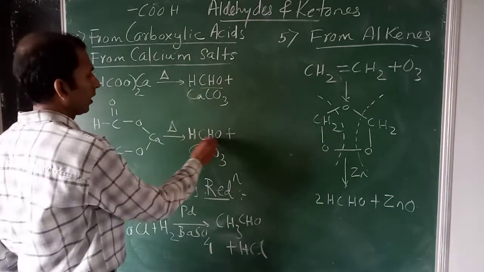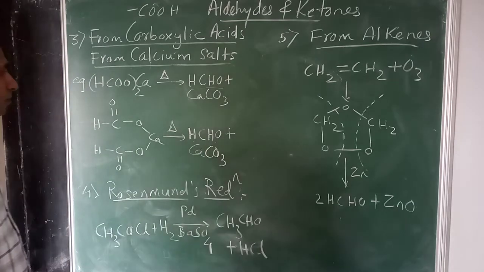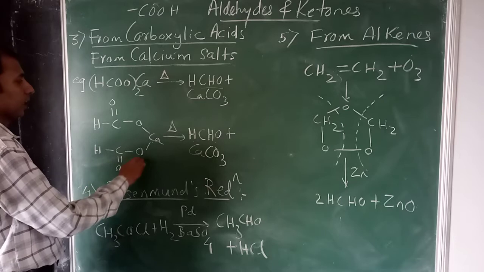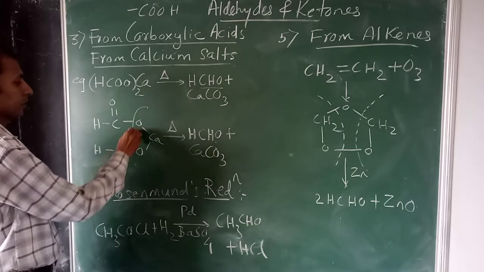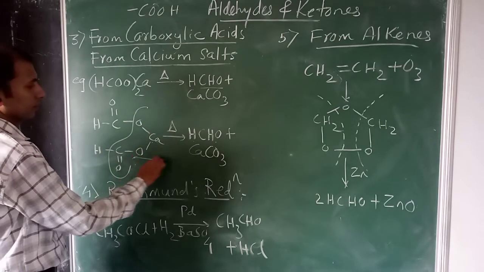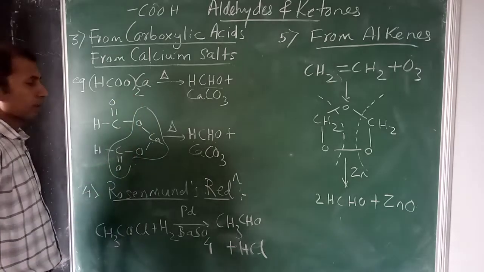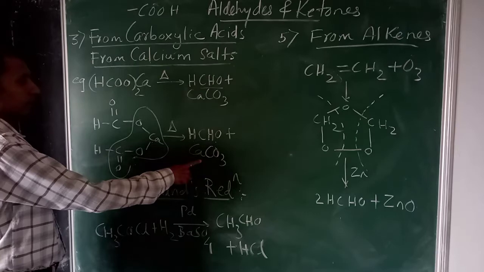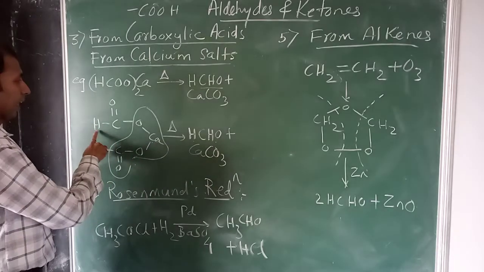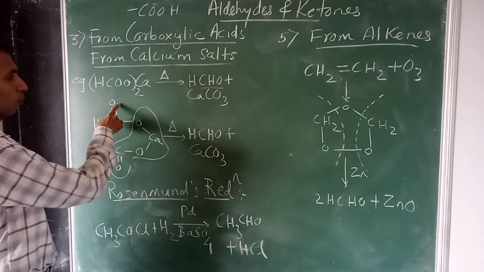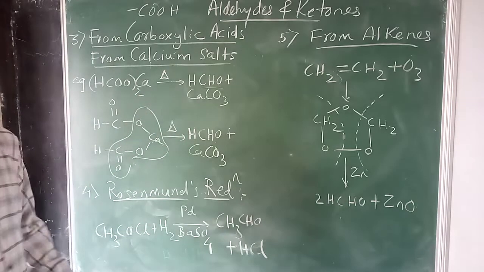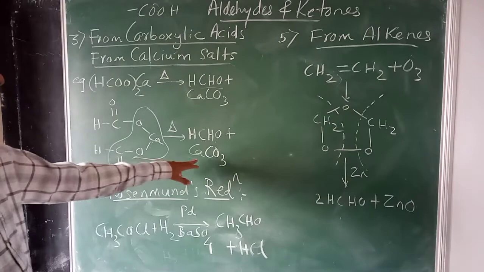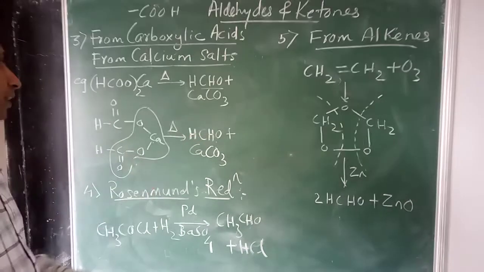So we get aldehyde HCHO, and CaCO3 elimination. You can show like this: CaCO3, so what remains here? HCHO. So you get an aldehyde. Understood? Elimination of CaCO3, formation of aldehyde.